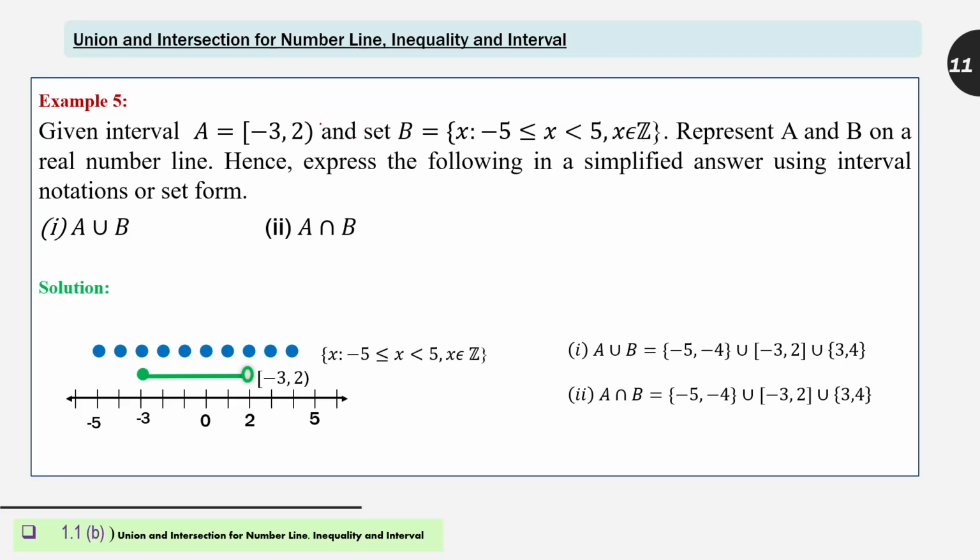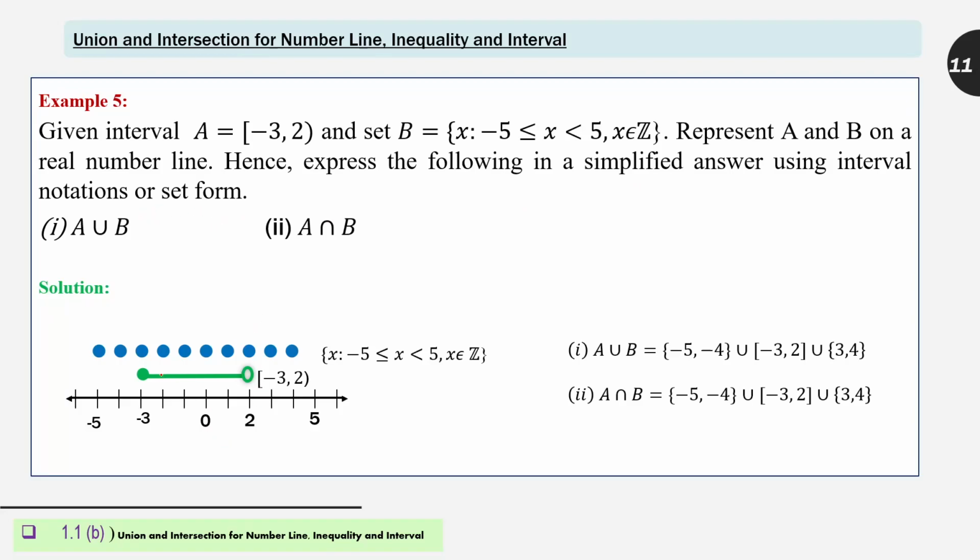But when it is not a real number, they will tell you what type of number it is. So for our set B, it is an integer. Represent A and B on a real number line. Hence express the following in a simplified answer using interval notation or the set form.